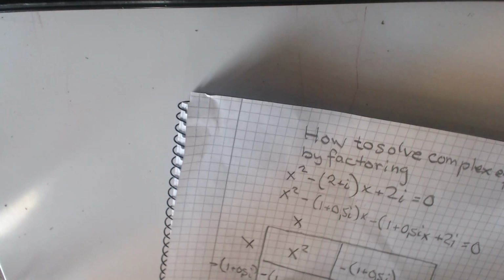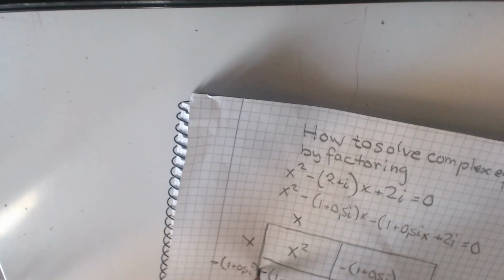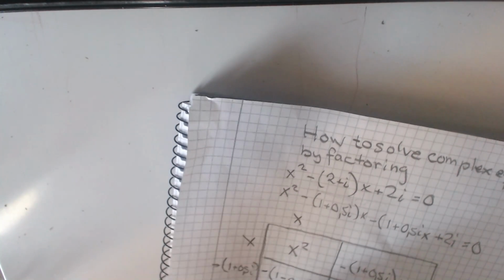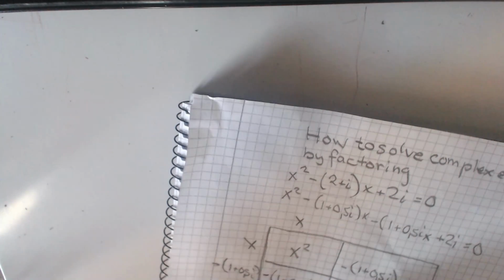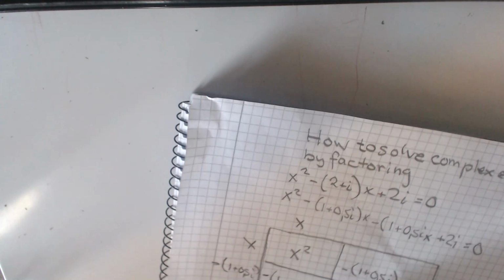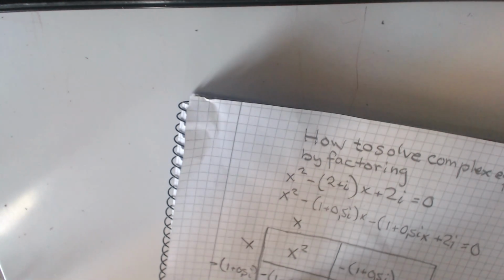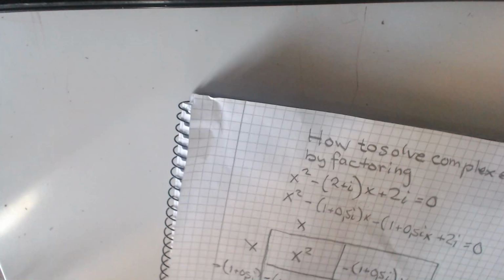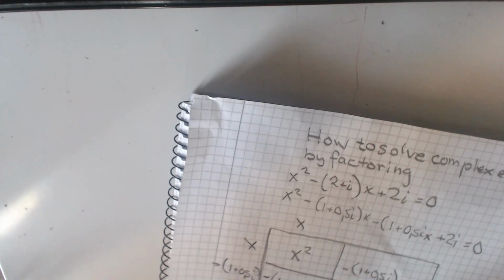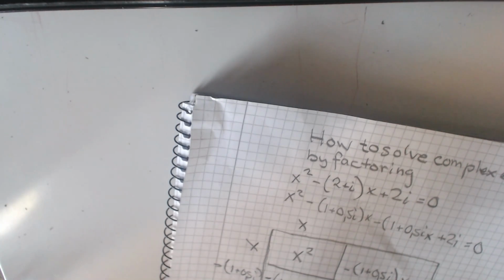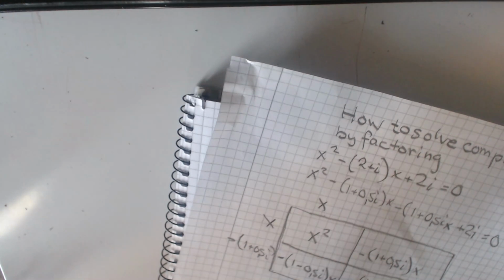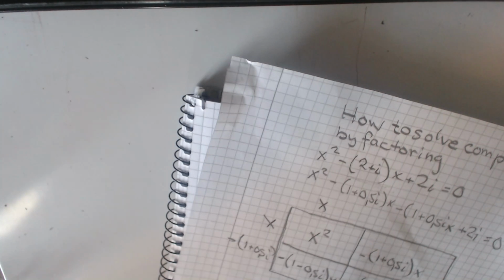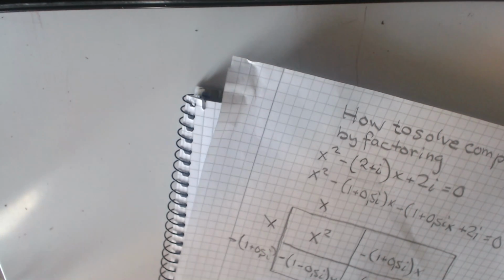Now you see that we have a square here. You have this side, and this side can be written as x minus (1 plus 0.5i) times x minus (1 plus 0.5i), that equals 2i minus (1 plus 0.5i) squared.